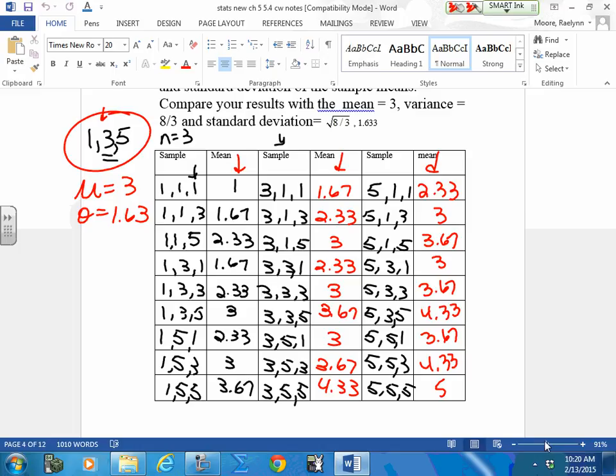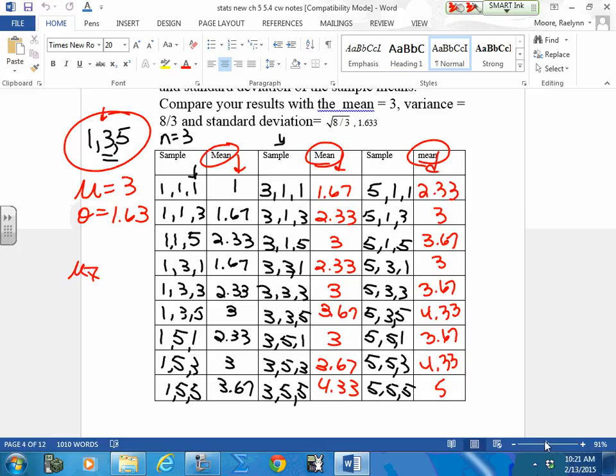Okay. Alright, so now, oh, you gave me your sample standard deviation? You gave me your standard, okay. 1.63. Now, if you take all of your sample means, and you put this all in your L1, we should get the same exact mean as this from your sample means.